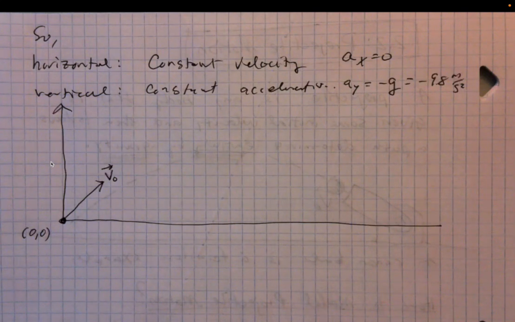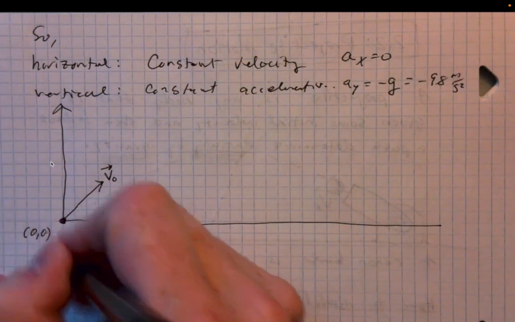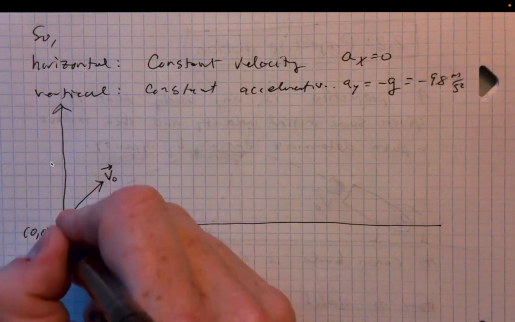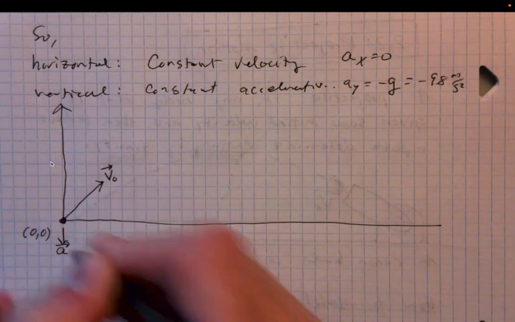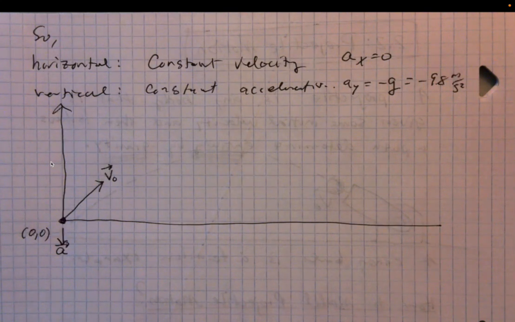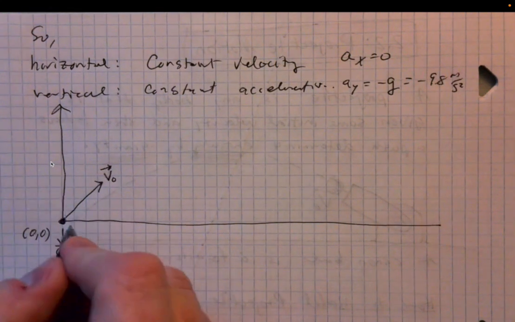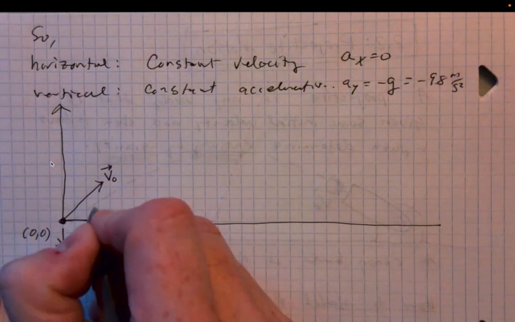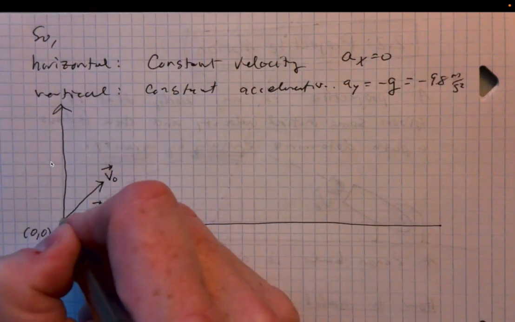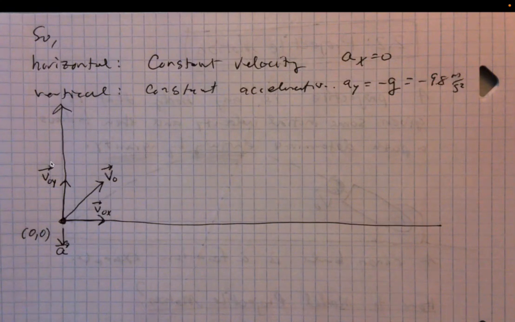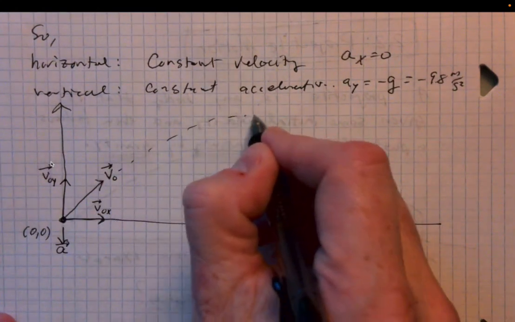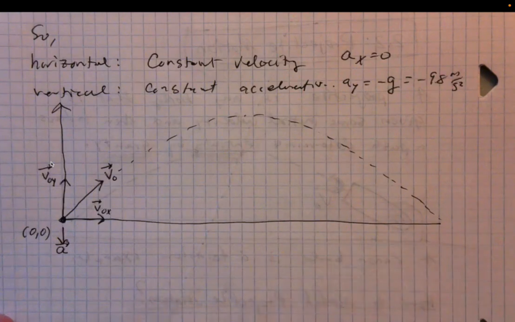And as soon as the clock starts running, acceleration is going to be downward and constant. Now, we know that initial velocity is going to have an x and a y component, right? So there'll be some initial v naught x, and there'll be some initial v naught y. Okay, and the path of the projectile, we'll just kind of draw it in, is going to look like that.